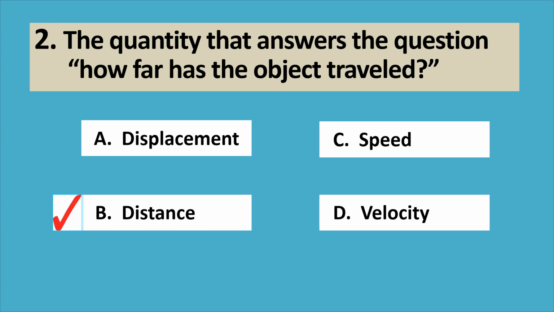We don't need to know what the displacement is because, as you probably have determined, displacement requires specification of the direction, not just the magnitude of the displacement, which usually is the same as distance, and it does not also require you to talk about the speed or even the velocity. Okay, let's proceed to question number 3.